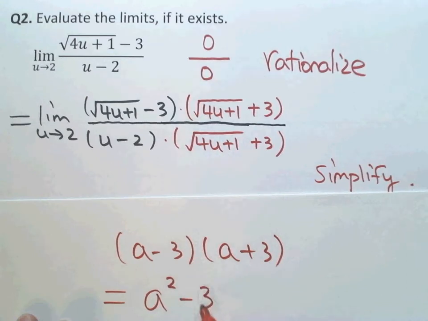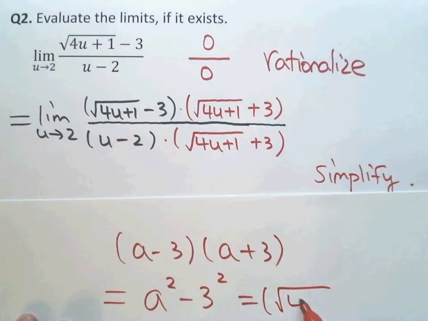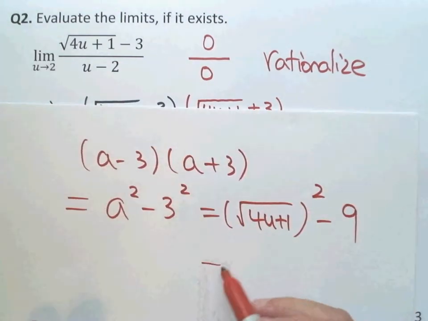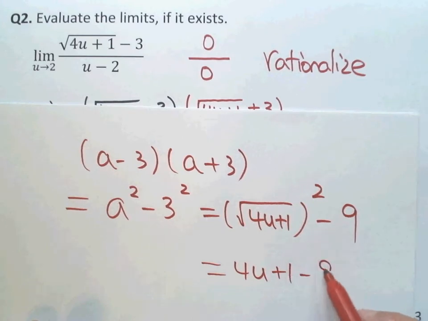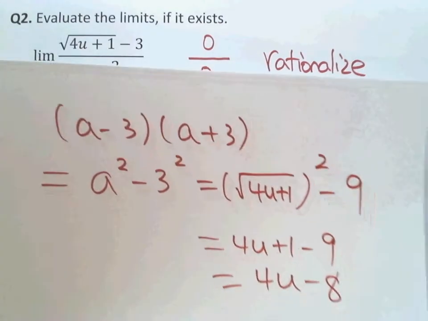This is a squared minus 3 squared. What is a? Our a is the square root of 4u plus 1. This is a squared minus 9. What do we get? So can you see? We will get 4u plus 1 minus 9. We will get 4u minus 8. So we get a very, very easy one.